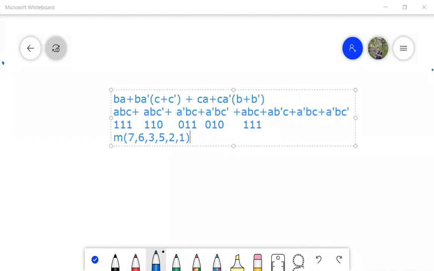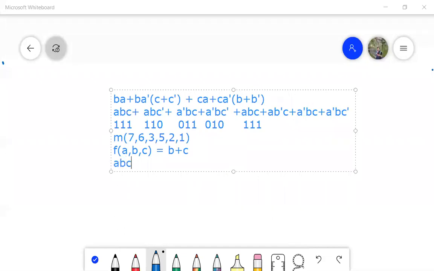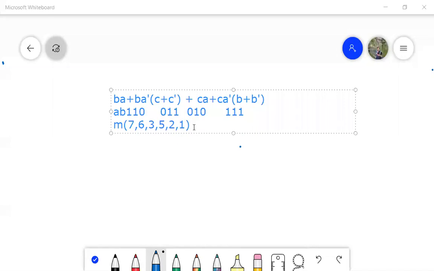Now, if I just rewrite or order the expression I've given, f of A, B, C is equal to B plus C. The canonical notation of this will be equal to ABC.